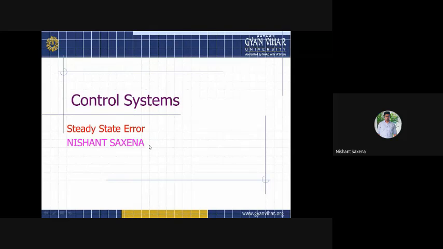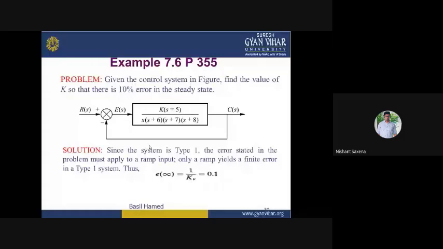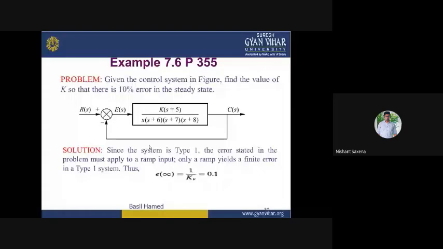In the last lecture, a given control problem was given to you, in which we have seen that it is a type 1 system and the error must apply the ramp input.